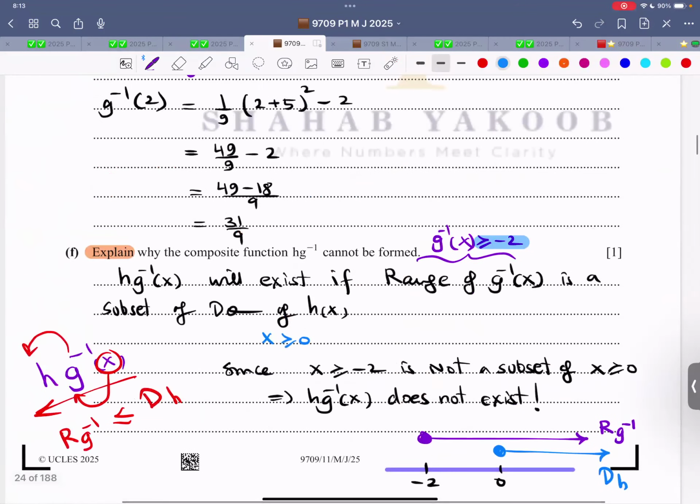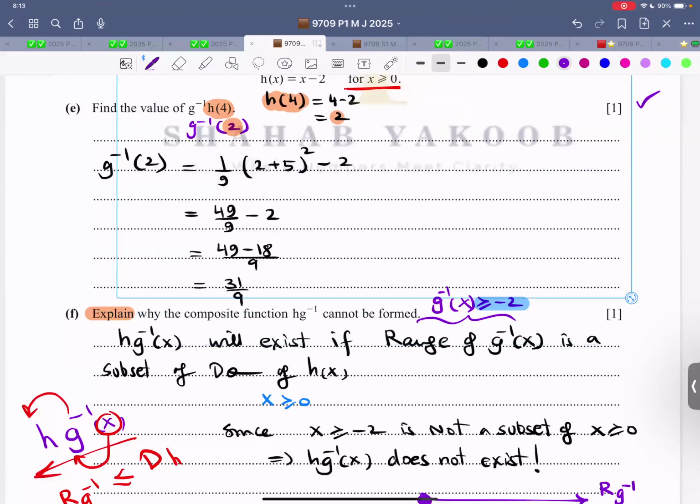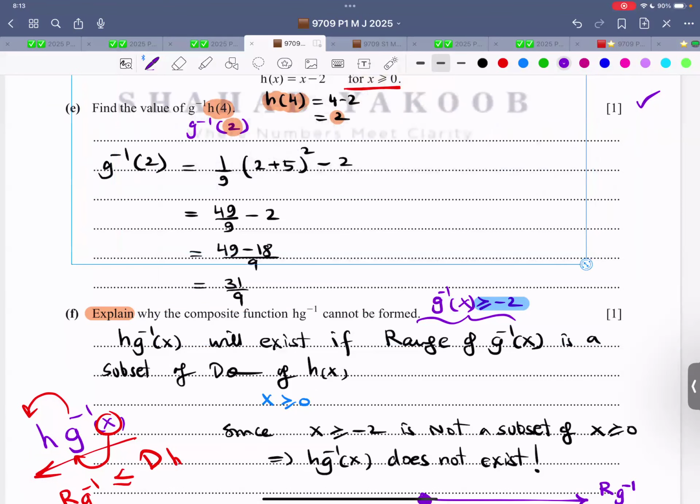Now, why is this so? Let me try to explain this because this is not a regular class. So I assume that you have already studied this. And that thing is when we say h G inverse, so this is the order. h G inverse x. That means first x will go inside G inverse and whatever is the output that will go in place of x.